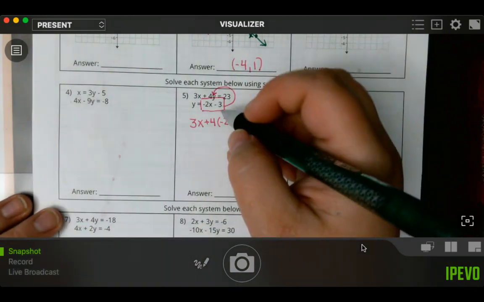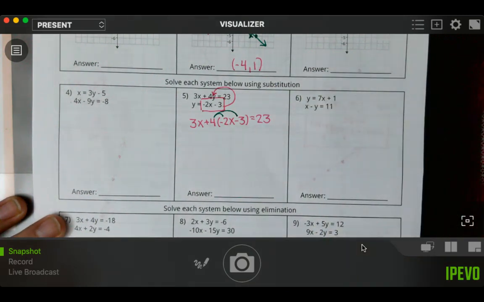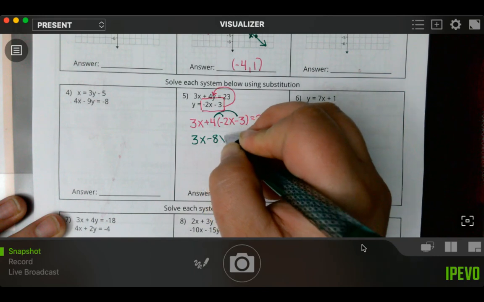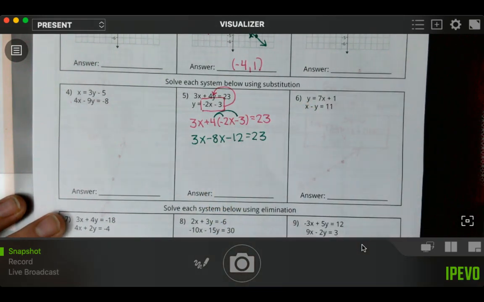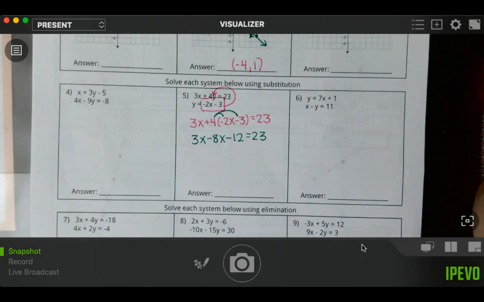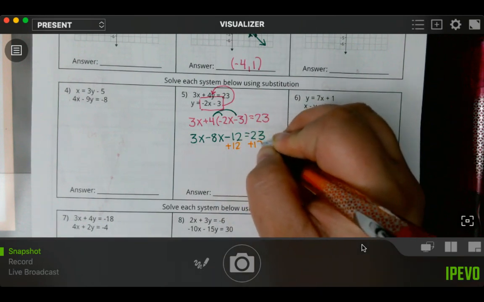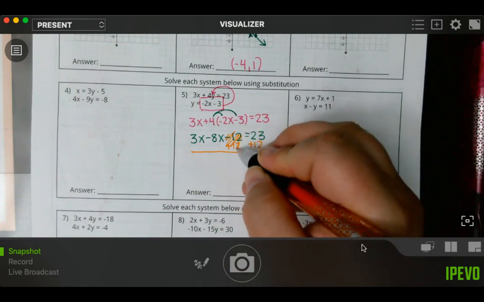So what I'm going to do is take this 4 and distribute it, just like I did in Unit 1. Then I'm going to add that 12 to the other side. And as I do that, that's going to give me 35.